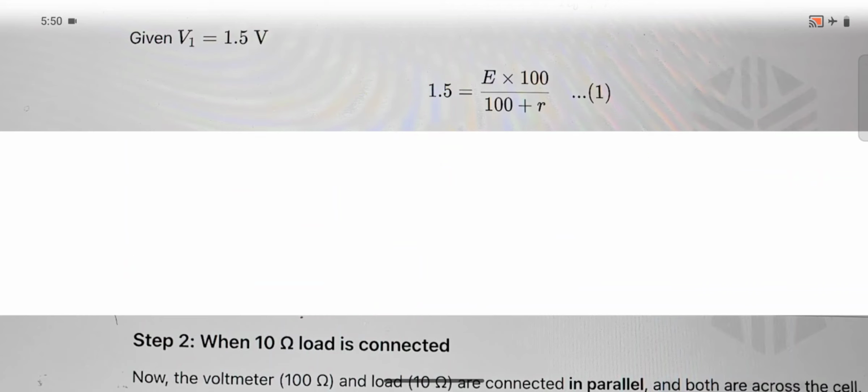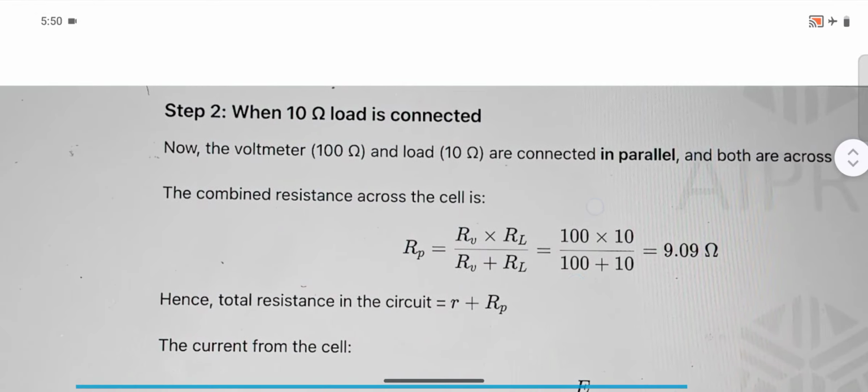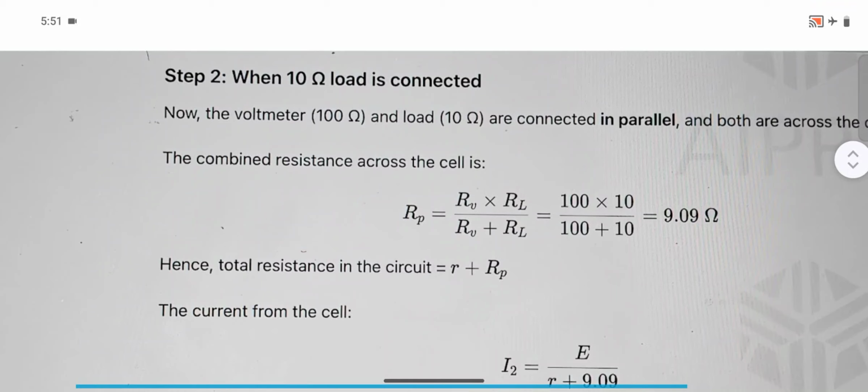Then we get the equation, and V1 is given, so we simply put the value 1.5 volt here, and we get one equation.